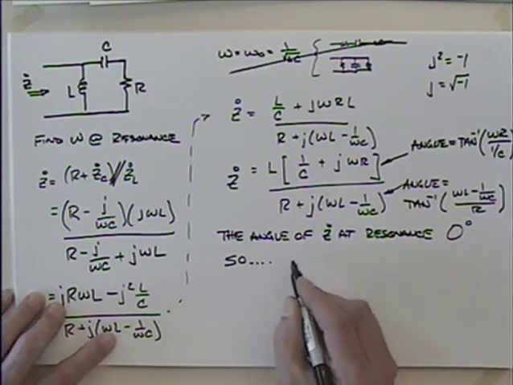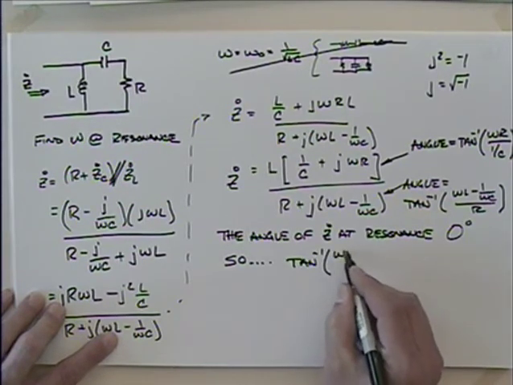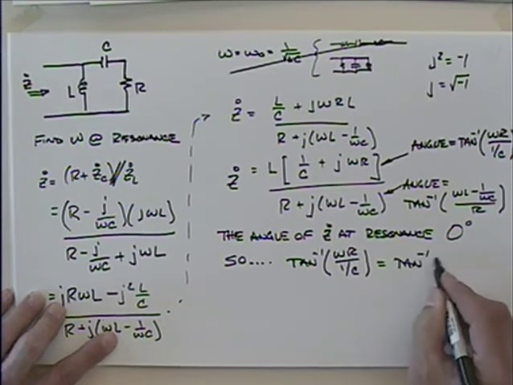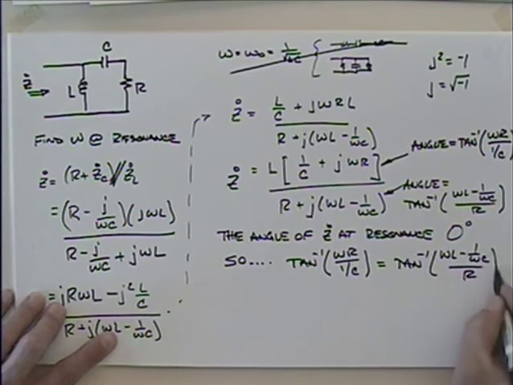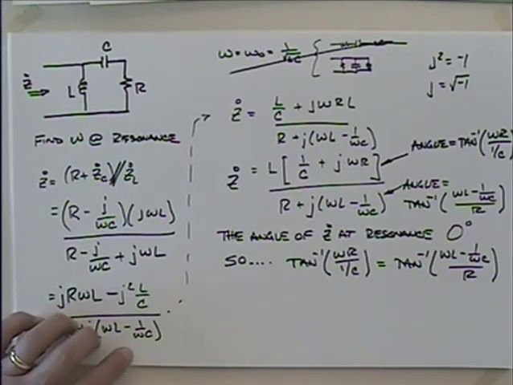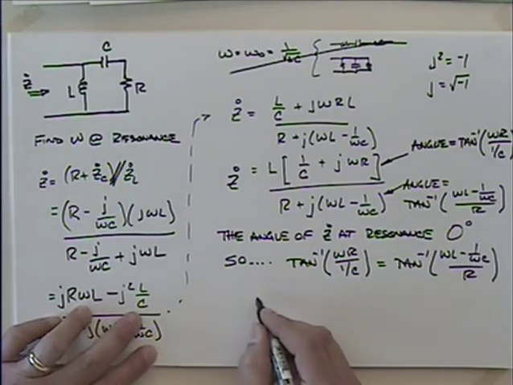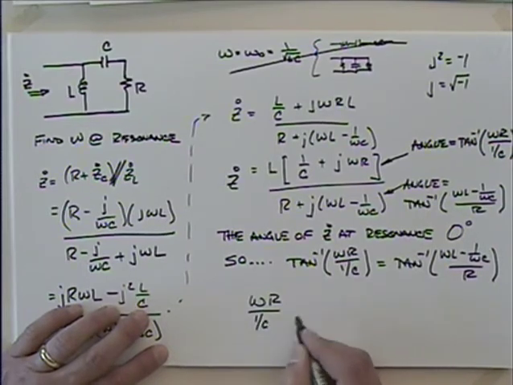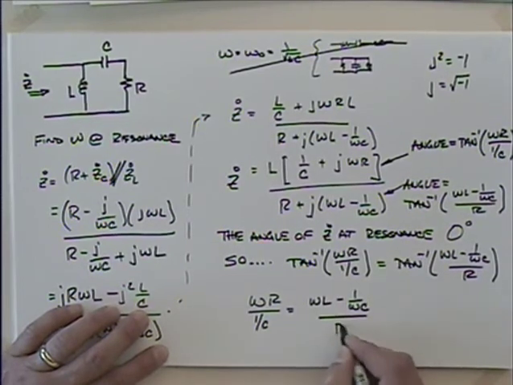So we could say that the arctan of omega R over 1 over C is equal to the arctan of omega L minus 1 over omega C over R. What's the first thing you want to do when someone gives you something like that? I'd probably take the tangent of it, right? Yeah, so if you take the tangent, you get that omega times R over 1 over C is equal to omega L minus 1 over omega C divided by R.